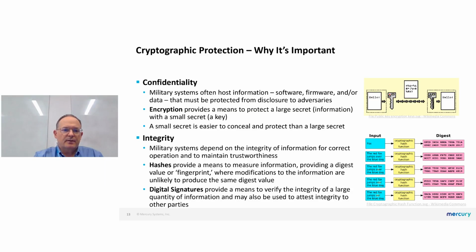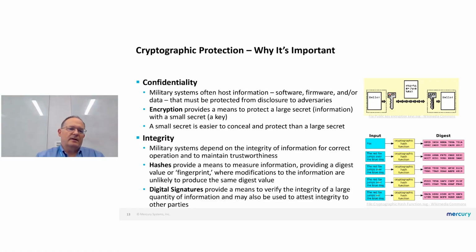Cryptography is a very important tool for maintaining both of those things. Military systems, because they're edge systems and don't necessarily have great connections to the outside world, often host on each individual unit software, firmware, and data that needs to be protected from disclosure to the adversaries.